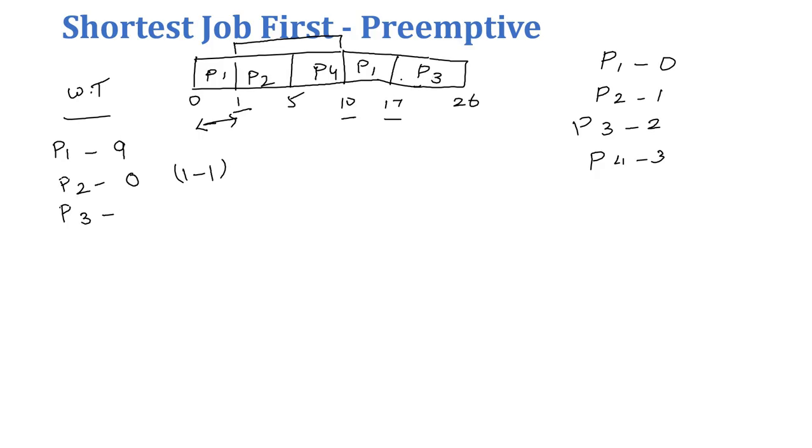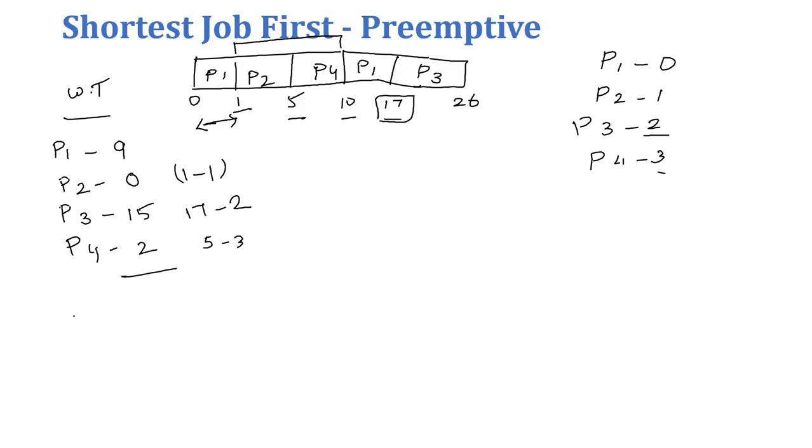P3 gets a chance at the time of 17, but 17 is not the waiting time for P3. We need to check when P3 arrived. P3 arrived at the time of 2, so 17 minus 2, 15 is the waiting time for P3. Similarly for P4. P4 gets a chance at the time of 5, but it arrived at 3, so 5 minus 3. P4 waiting time is 2.